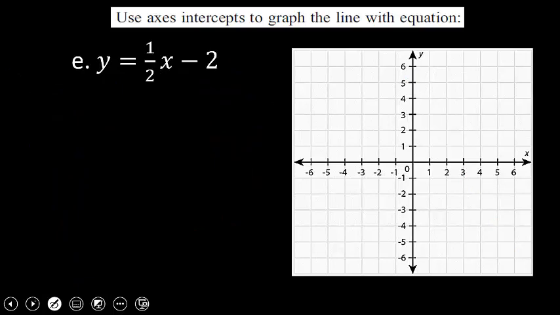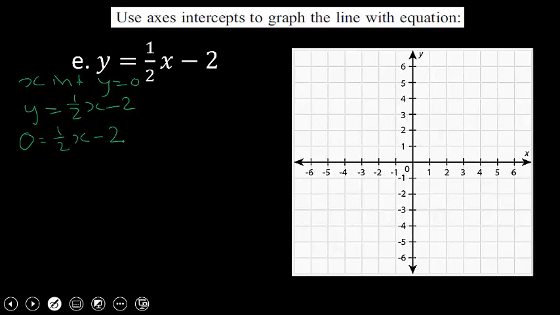Next up, we have y equals a half x minus 2. For my x-intercept, y equals 0. Y equals 1 over 2x minus 2. So y equals 0, I substitute. So I substitute 0 equals 1 over 2x minus 2.